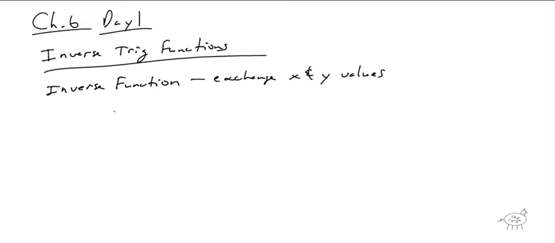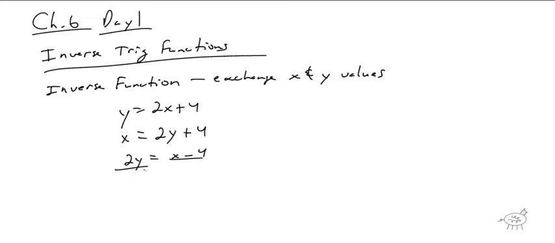Okay, so for example, if I have y equals 2x plus 4, and I want to find the inverse of that, I just say x equals 2y plus 4. Then I solve for y, so I get 2y equals x minus 4, divided by 2, y equals 1/2 x minus 2. Okay? So that's an inverse function.